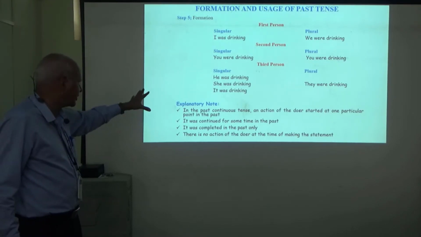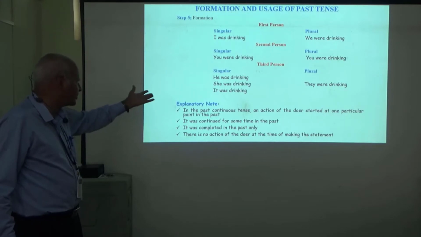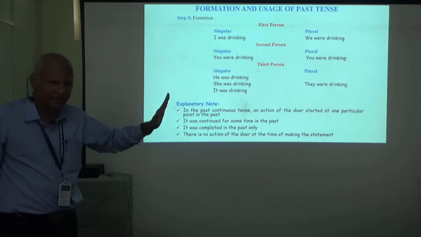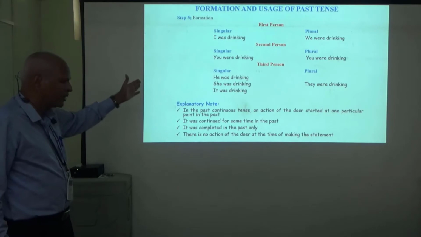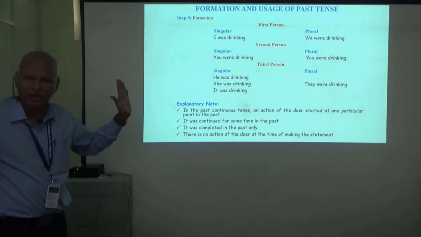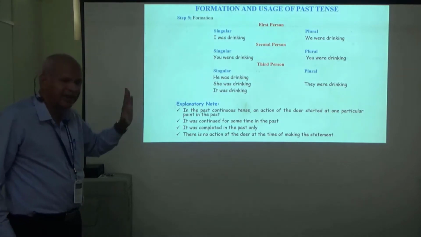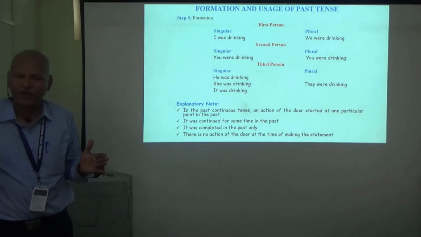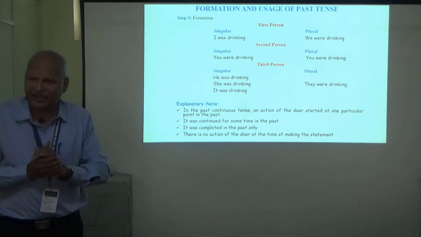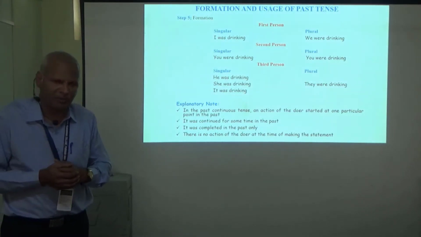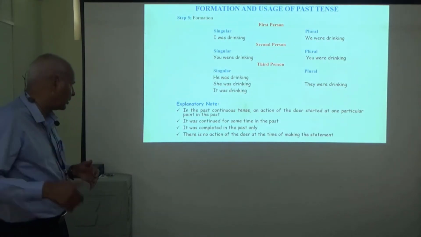Third person singular, he was drinking. Many times he were drinking is incorrect. He was drinking, because we have to go as per the rules of grammar. She was drinking, it was drinking, and plural they were drinking. So this is the past continuous tense, the second tense we have now formed with all the steps being followed.